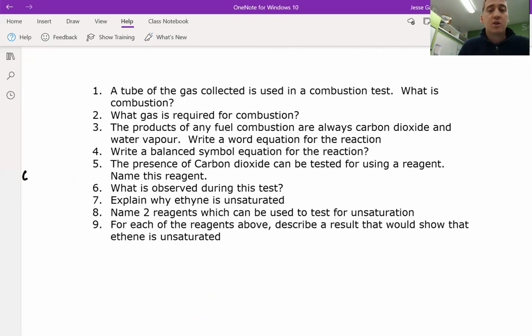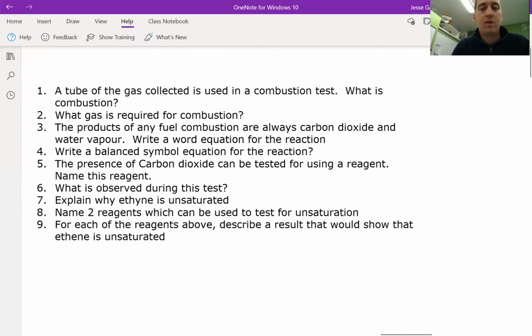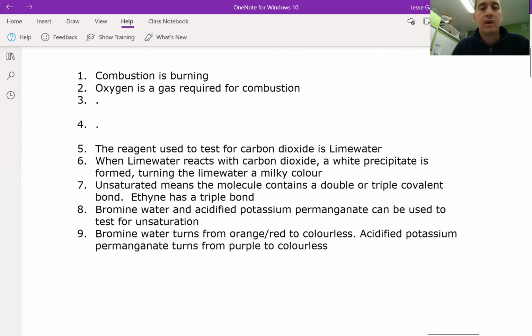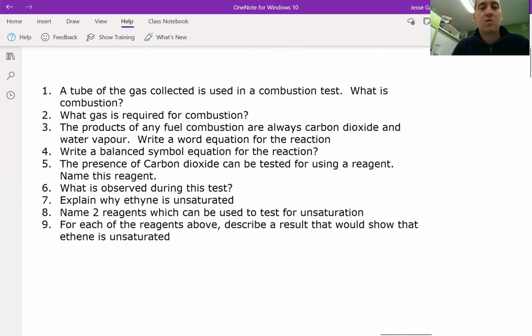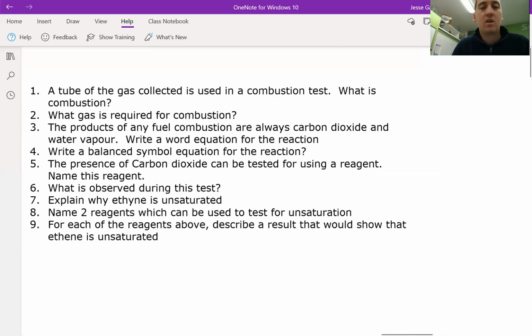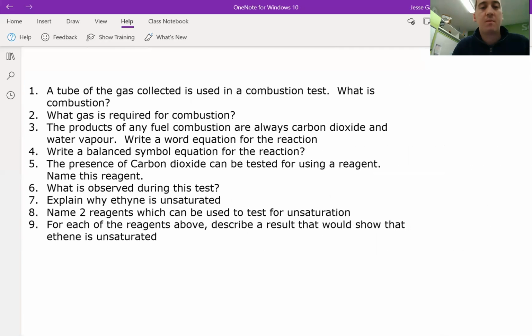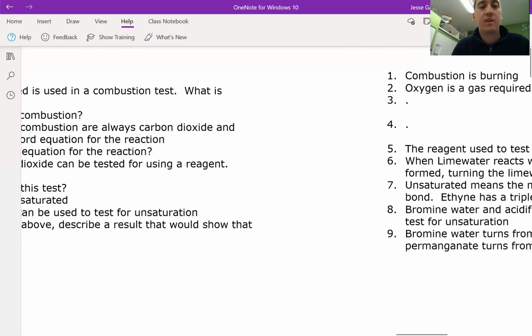Okay, so you should only be watching the video again if you have answered questions 1 to 9. Coming up now are the answers to them. So what is combustion? Combustion is burning. What is the gas required for combustion? That's oxygen gas. Number 3, the products of any fuel are always carbon dioxide and water vapor. Write a word equation for this reaction.